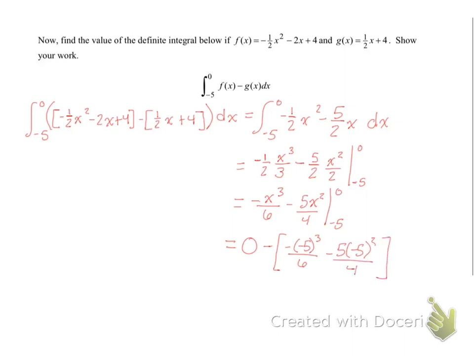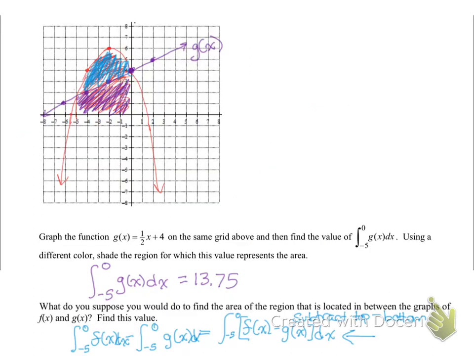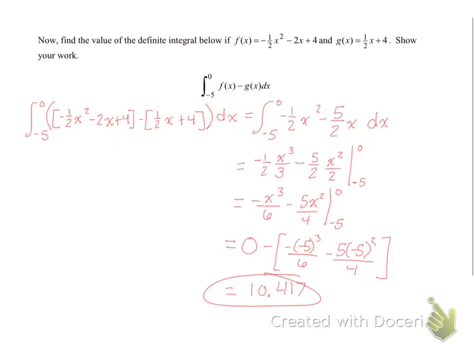Now, I guess you can use your calculator for this, because those are kind of funky fractions. You will get that it is 10.417. Okay, so this right here, you just found the area between these two curves. You found this shaded region right here.